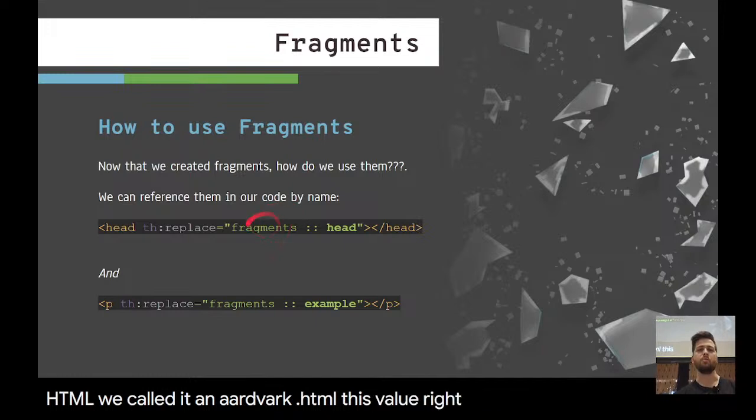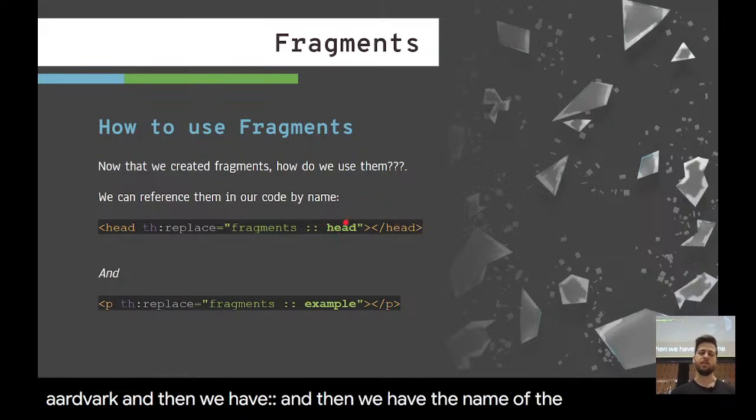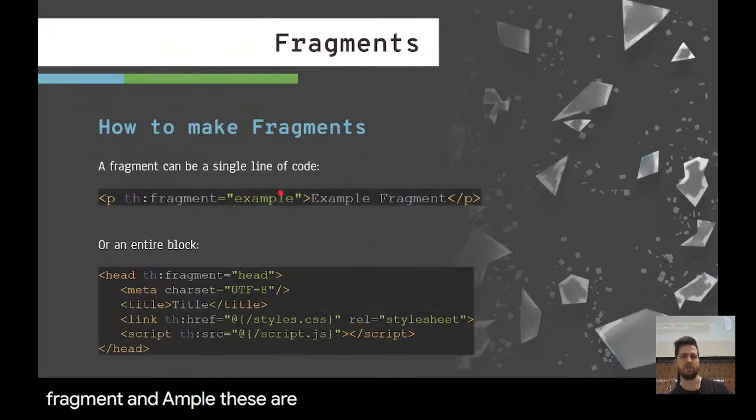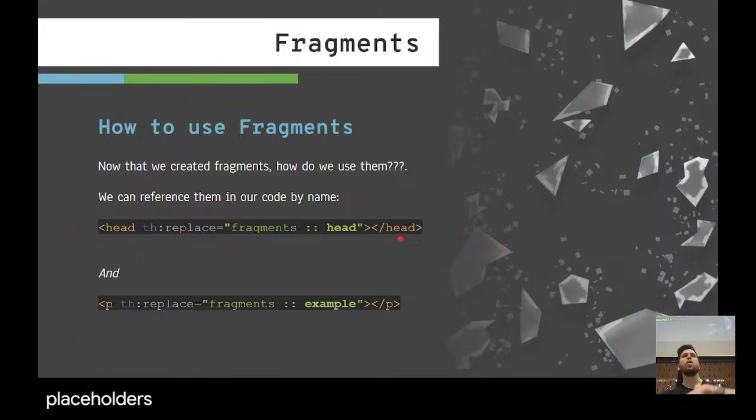This value right here would be aardvark. Then we have colon colon, and then the name of the specific fragment. We'll see here that head and example are associated with the names th:fragment example and th:fragment head. These placeholders will be replaced with the associated fragment.